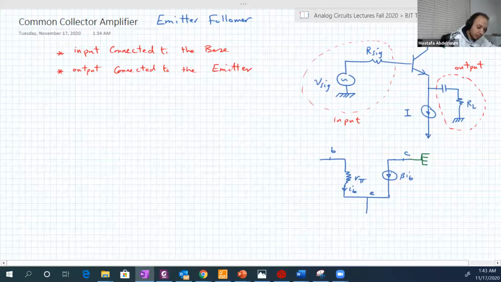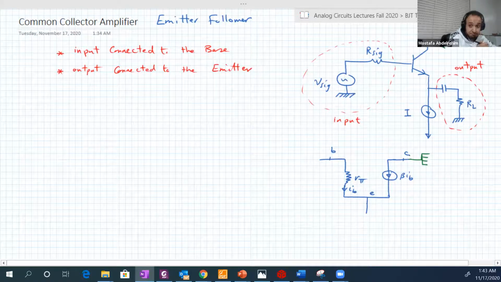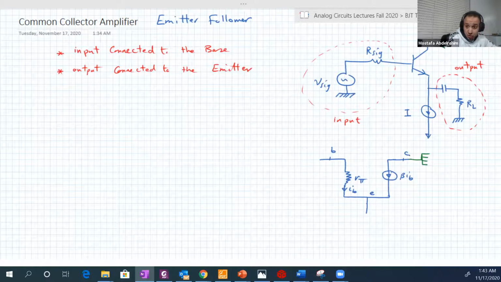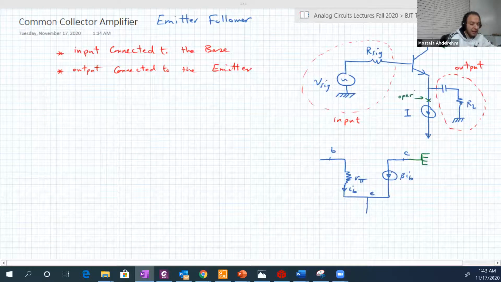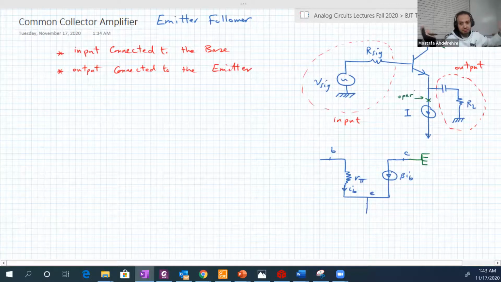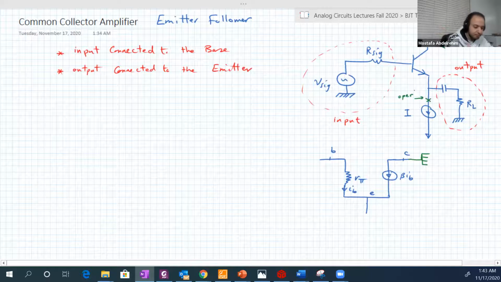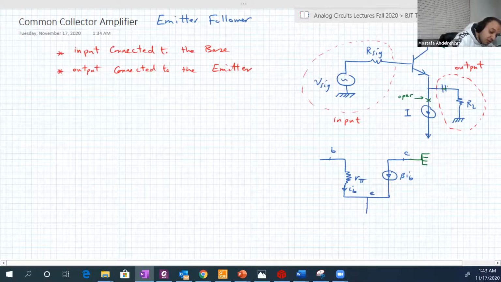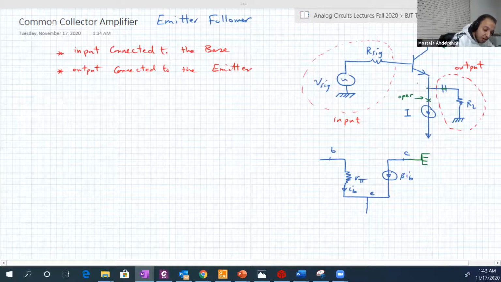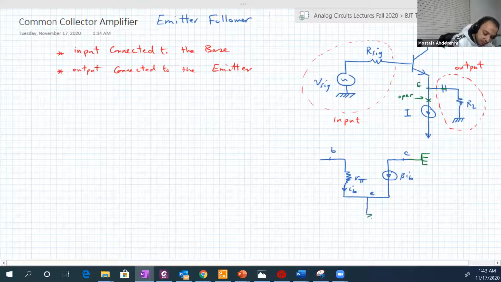Good. Another DC source that we should cancel is the current source. So this current source will be an open circuit, and if it's open circuit, you can just ignore it. And the capacitor will be short. So the emitter here will be connected through RL to the ground.